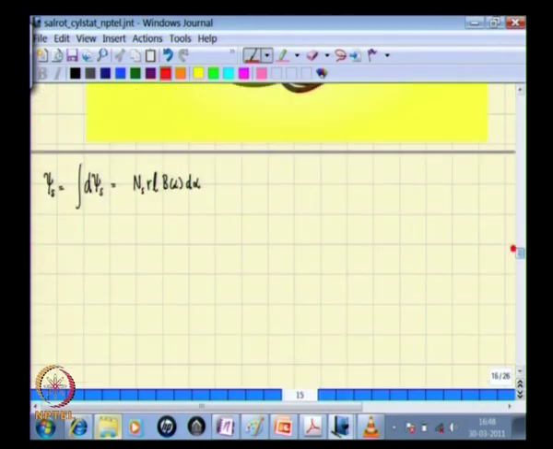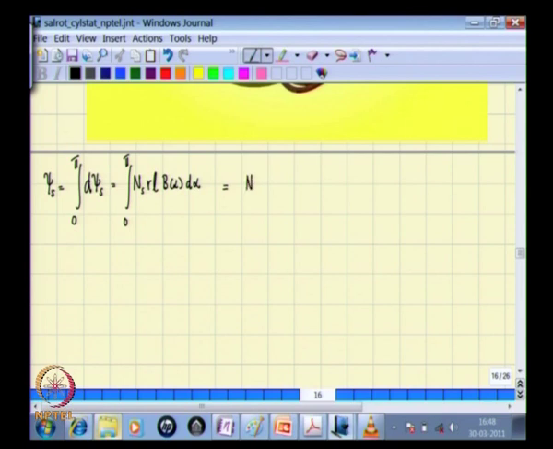So, this integration is the integral from 0 to pi of d psi s, which we will now expand further.